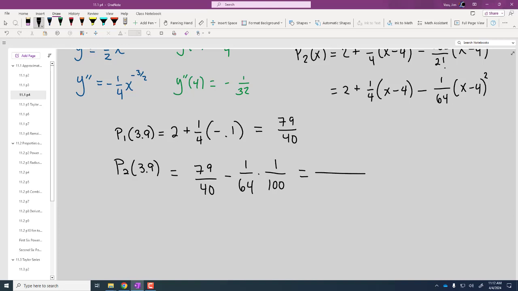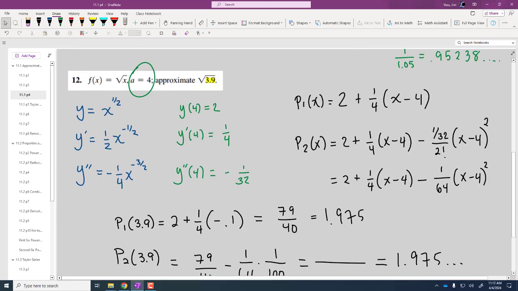And what do we get when we do that? What does that turn into as a fraction? It's 1.97515625. And what is this one as a decimal? 1.975.